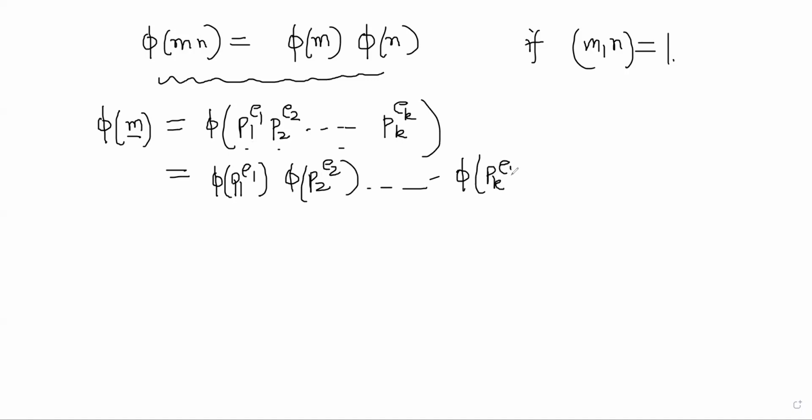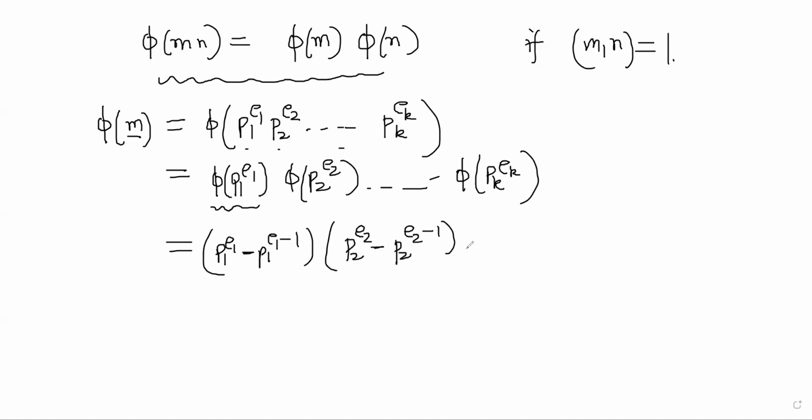And then we can use the previous results that we proved. So phi of p1 power e1 would be simply p1 power e1 minus p1 power e1 minus 1, and this will be p2 power e2 minus p2 power e2 minus 1, and so on till pk power ek minus pk power ek minus 1.